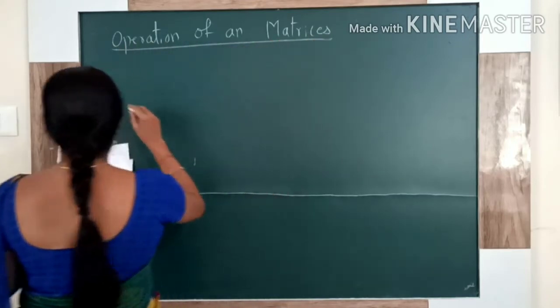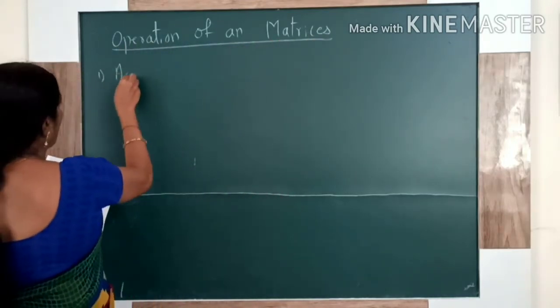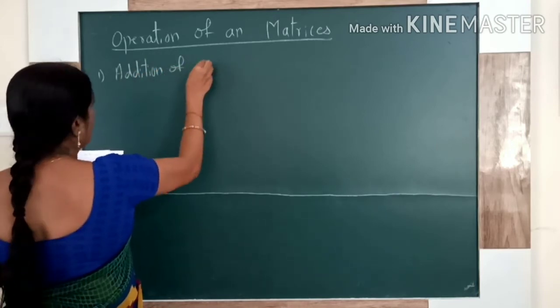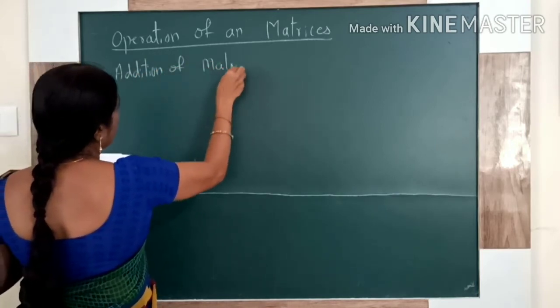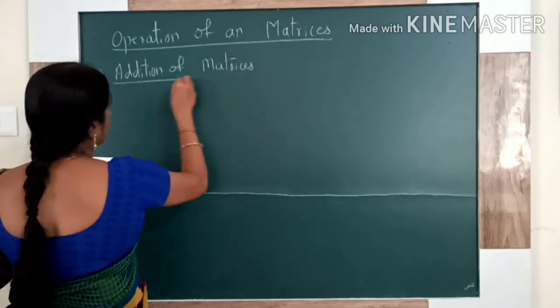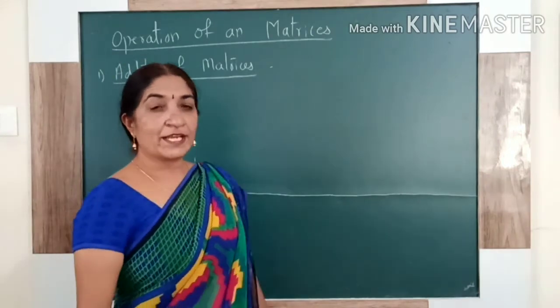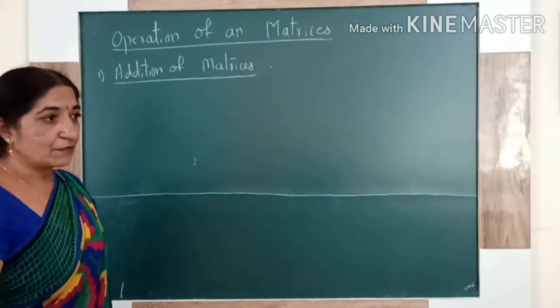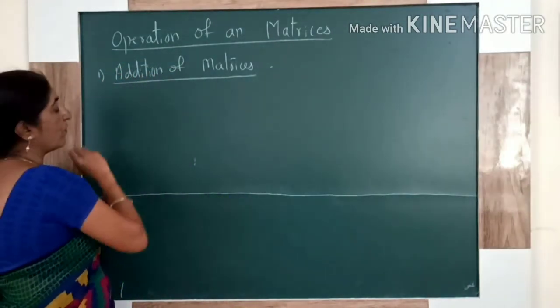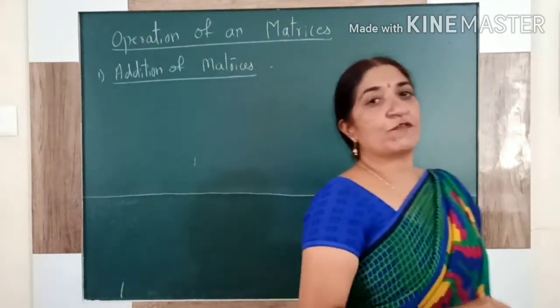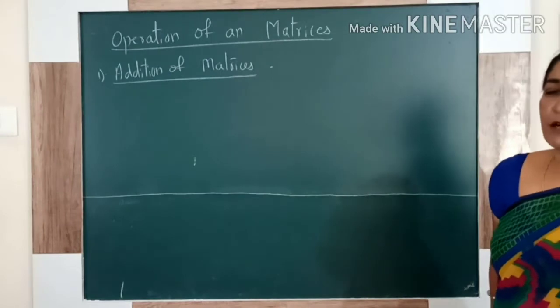In operations on matrices, first I am giving you addition of matrices. Like algebra, how you add algebra, addition of matrices is just a simple addition. But before going for addition of matrices, see some rule.